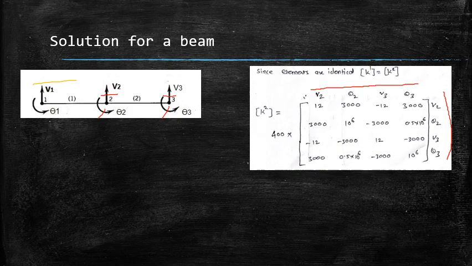These conventions are totally different from those we used to study in strength of materials. Vertically upward V1 is positive, and anti-clockwise sense of rotation of theta is taken as positive. So make it very clear.